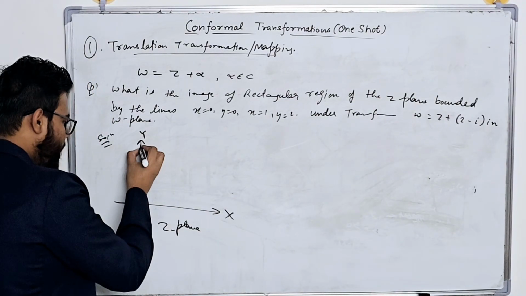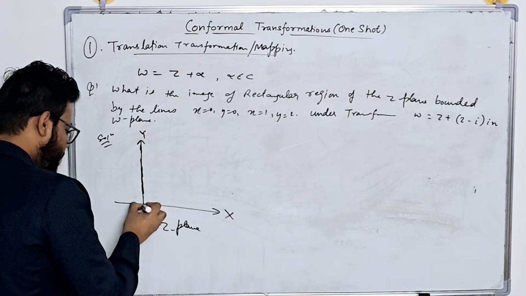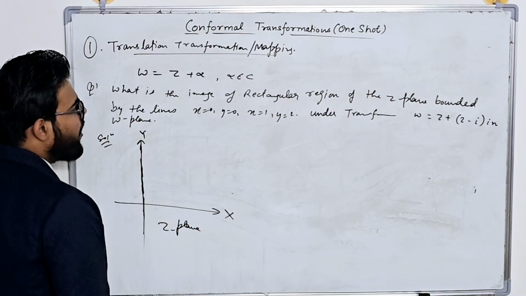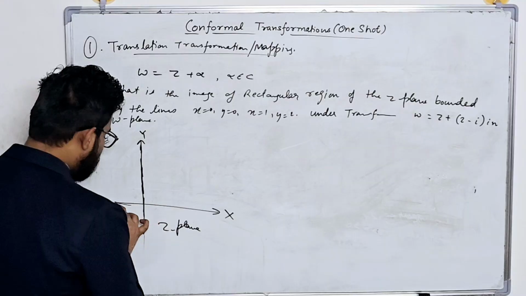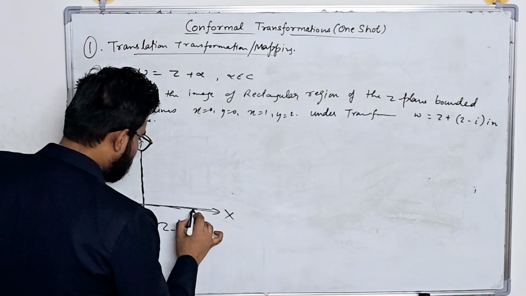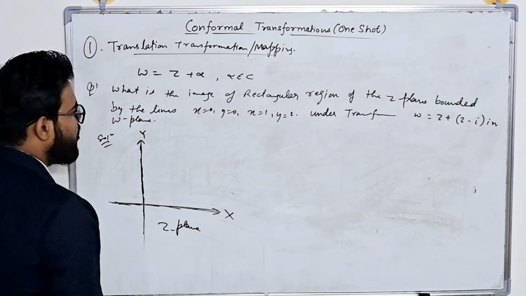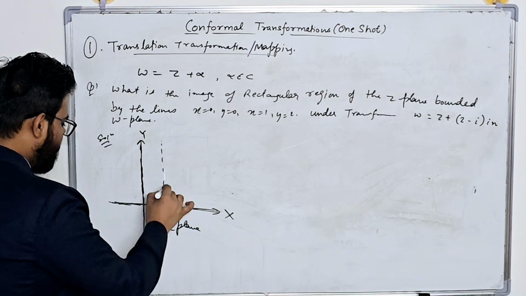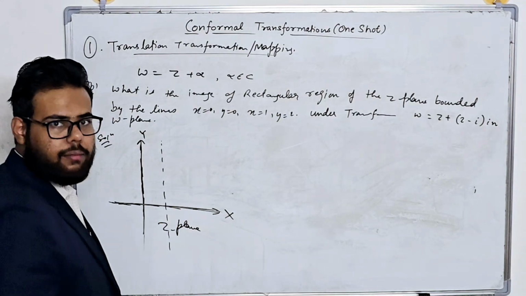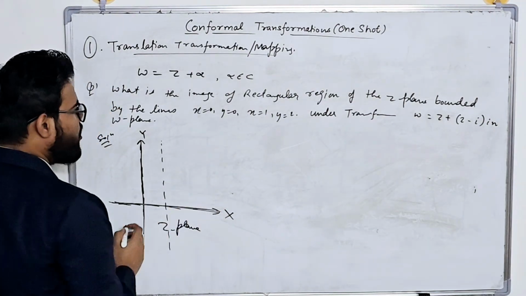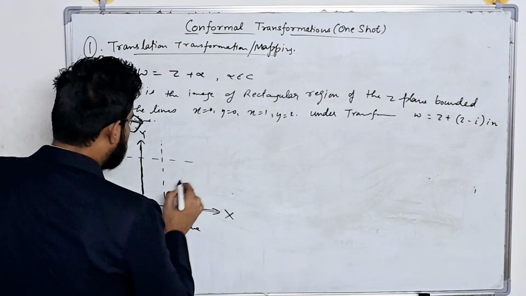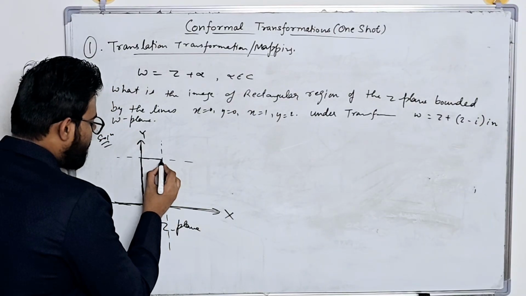Well, it is this axis. And what is y = 0? Well, it is this axis. What is x = 1? It is this. What is y = 2? It is this. So basically this is the region.